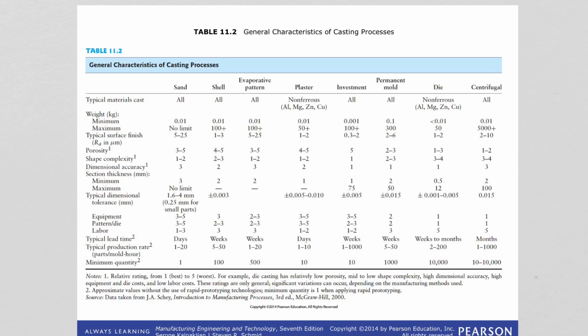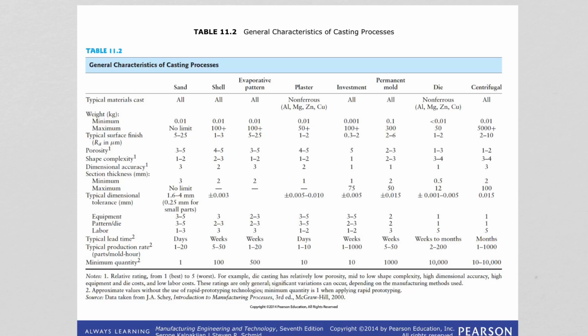Typical surface finish. For example, I see here investment casting has pretty low surface roughness. That means a smooth surface, high quality, and the porosities that can be achieved. Of course, here from 1 to 5, 1 is the best, 5 is the worst.